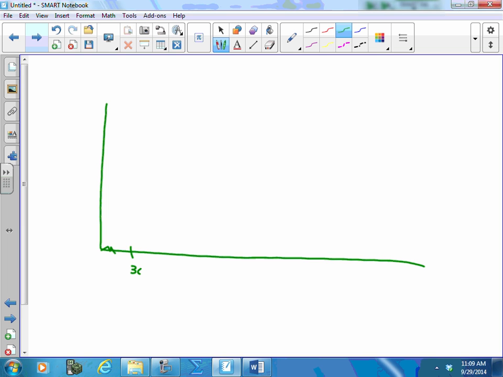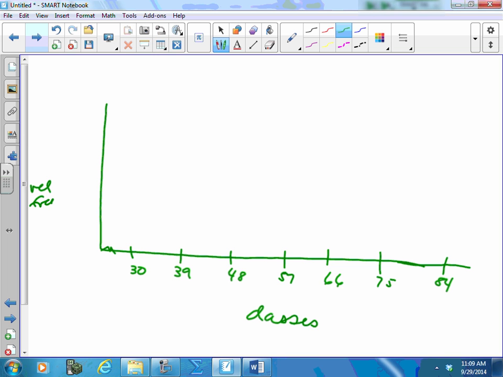So go back to the midpoint, 30, 39, 48, 57, 66, 75, 84. Remember, these are your classes. This is now called your relative frequency. This is your column for your relative frequency. Looks like money, doesn't it? 0.10. So label it like money.